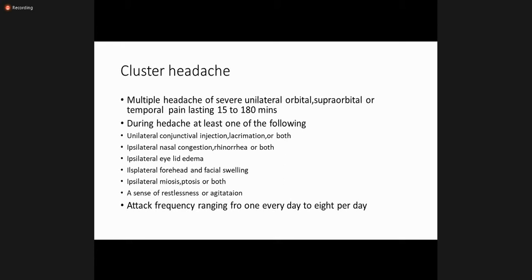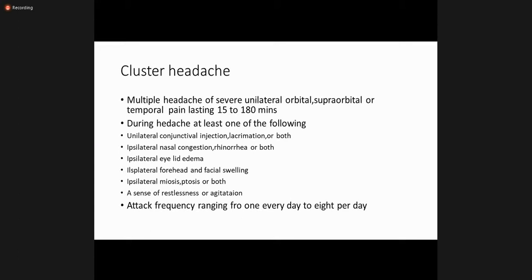The duration of headache lasts from 15 to 180 minutes, so it may vary, and there are multiple recurrent episodes. During the headache, you must have one of the following features. Either there is unilateral conjunctival congestion, lacrimation, or both. The patient might have ipsilateral nasal congestion, rhinorrhea, or both.